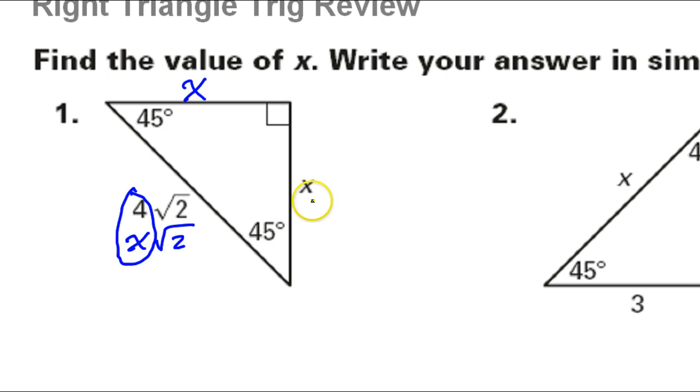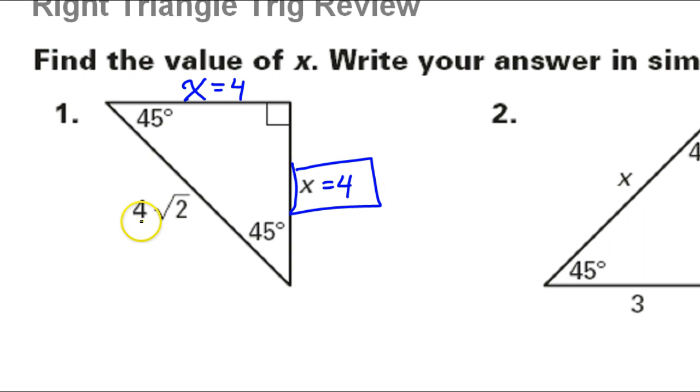So if x is 4, then both sides will be 4, and the hypotenuse would be 4 radical 2, which it is. So it makes sense that the leg must be the 4.